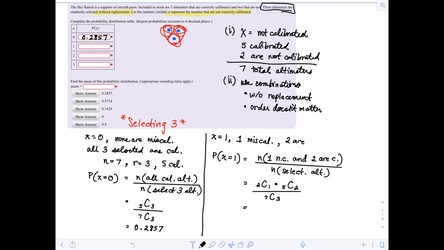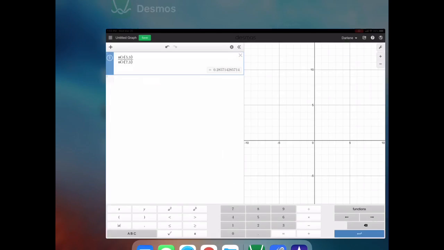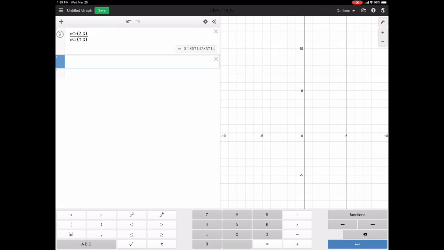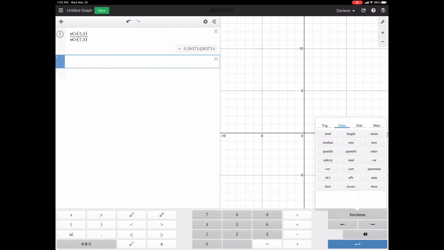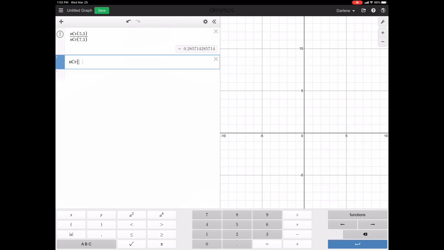So if I go back to the calculator and go back to function and nCr, I would now have 2 in the stockroom that are not calibrated, but I only want 1 that isn't, times, go back to function, stats, nCr. Now I want to pick out of the 5 that are calibrated, 2 of them.